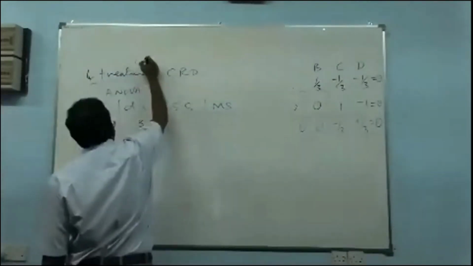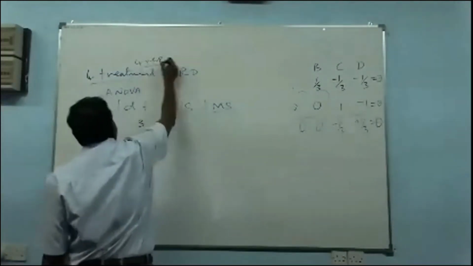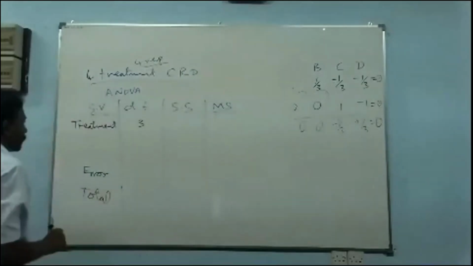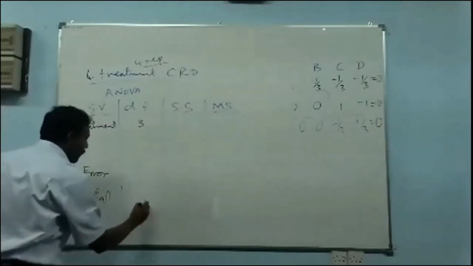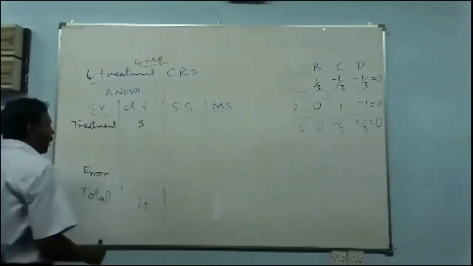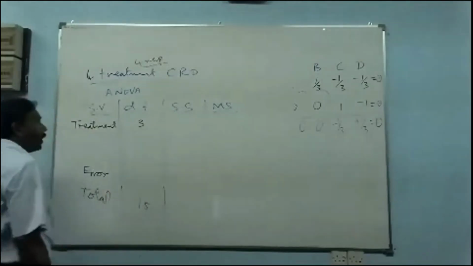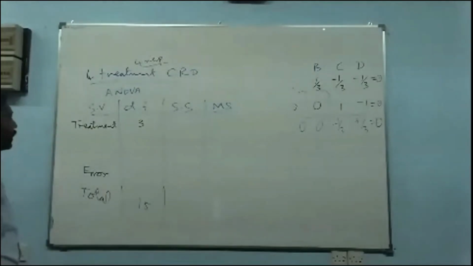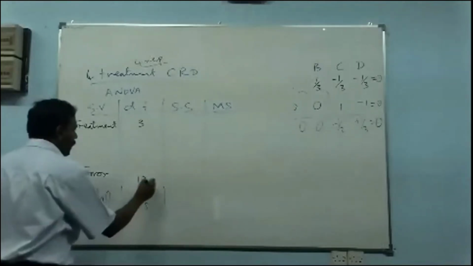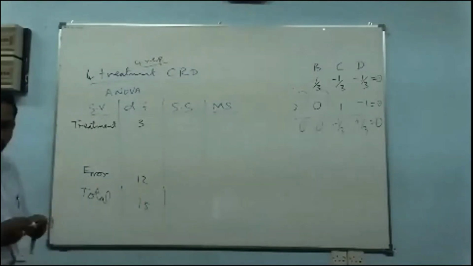CRD with, let's say, 4 replicates. So the total degrees of freedom is 15. T into R minus 1, that is 12. Error degrees of freedom is 12.